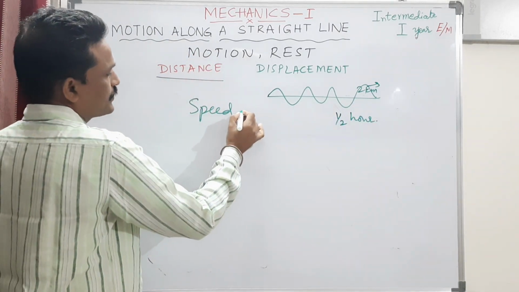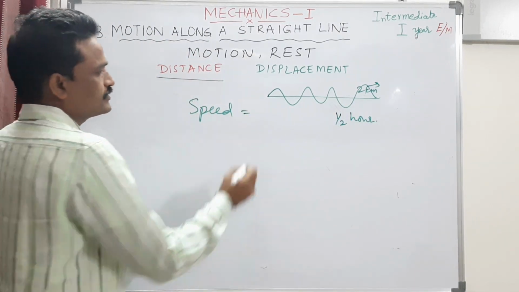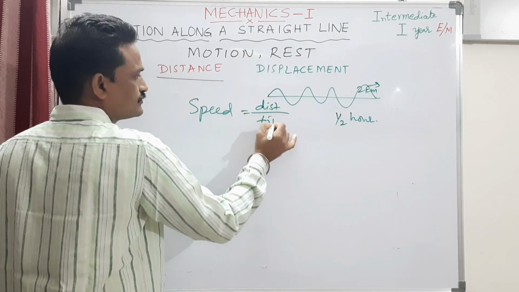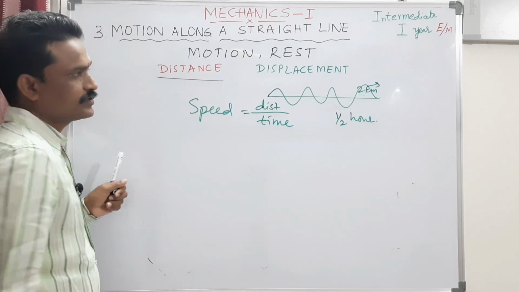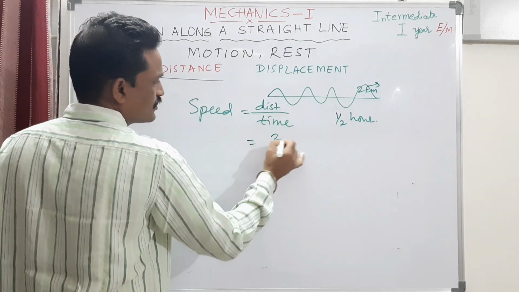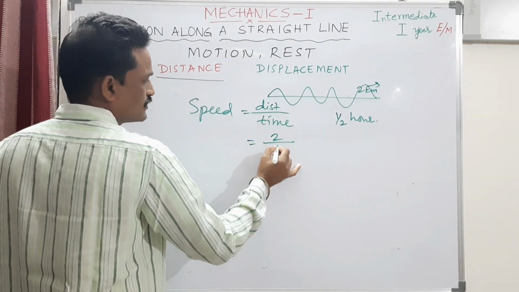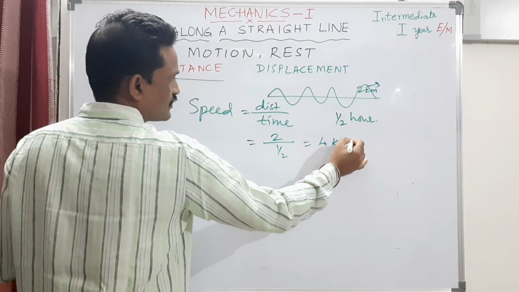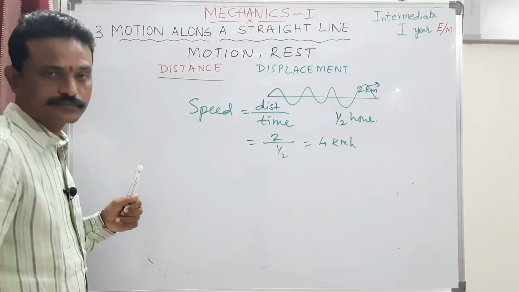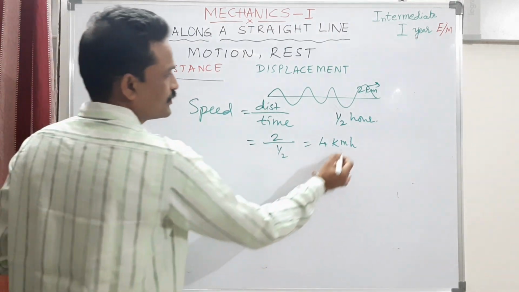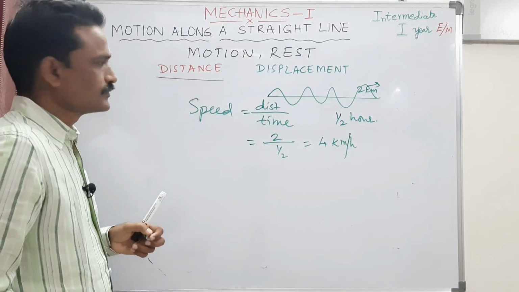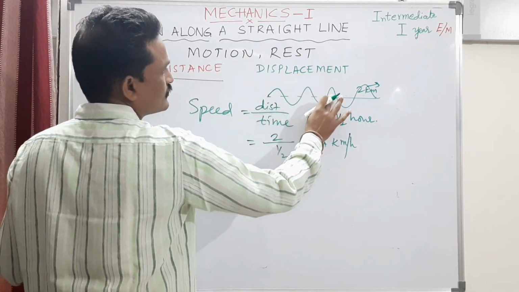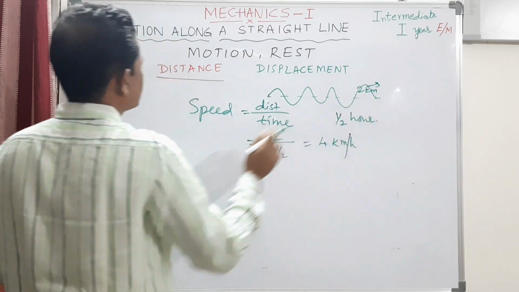Now, what is your speed? Speed is nothing but distance traveled divided by time taken. So your distance is 2 kilometers and time taken is 1 by 2. So that means your speed is 4 kilometer per hour. Since you are changing your direction all the time, speed is a scalar quantity.